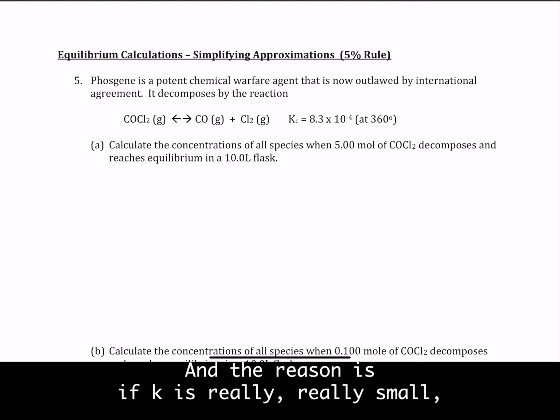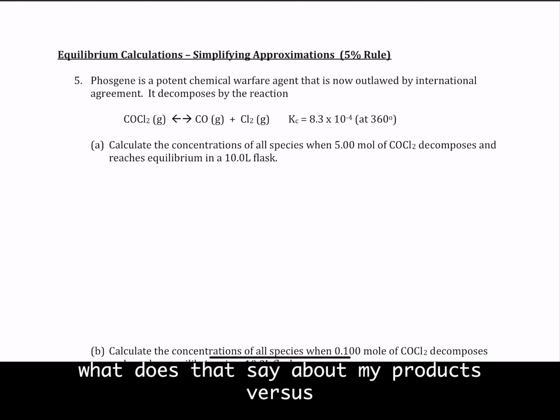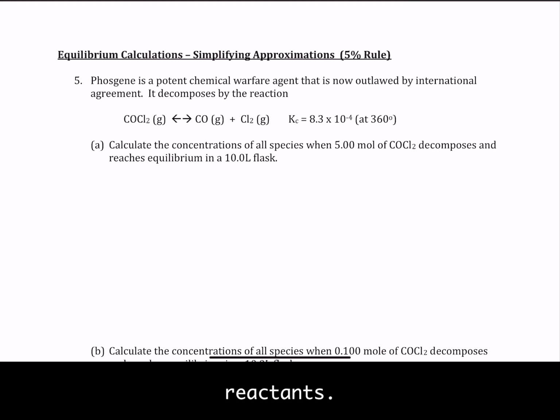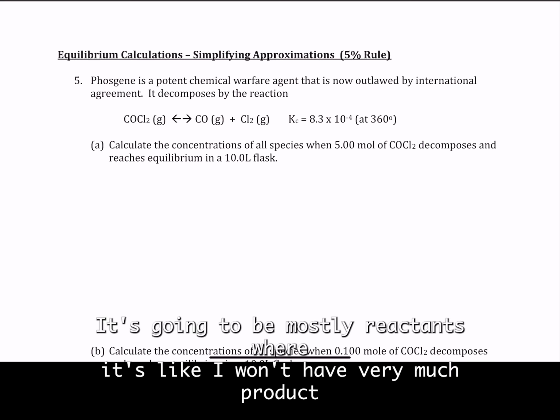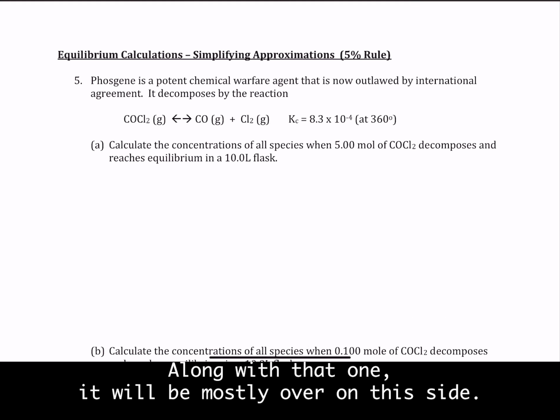And the reason is, if K is really, really small, what does that say about my products versus reactants? It's going to be mostly reactants at equilibrium. I won't have very much product, because this is a very, very small number, a lot less than 1. It'll be mostly over on this side.